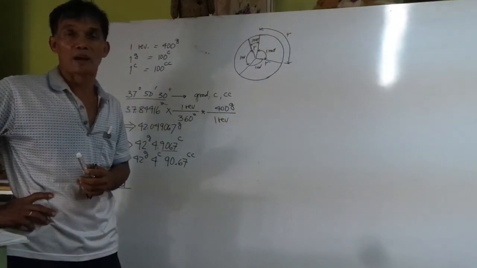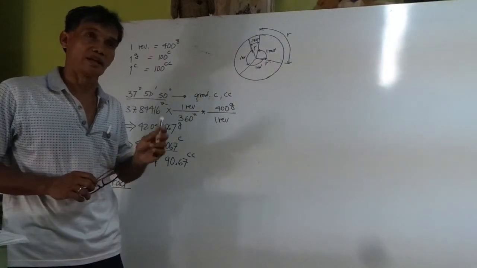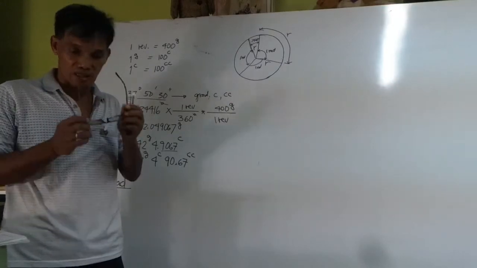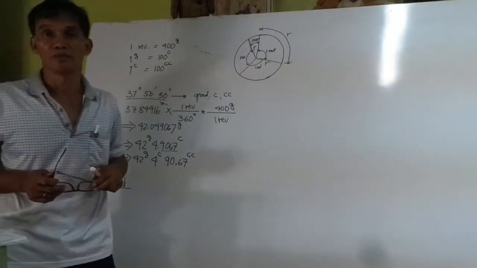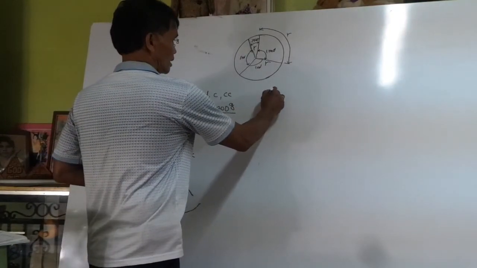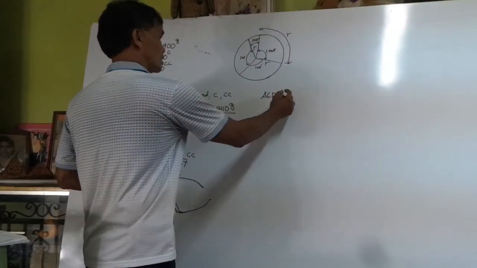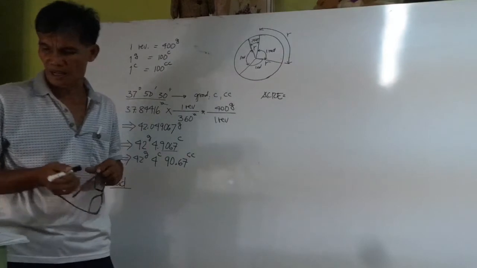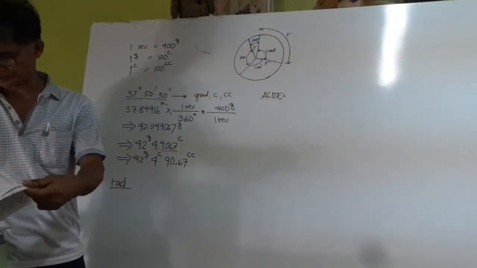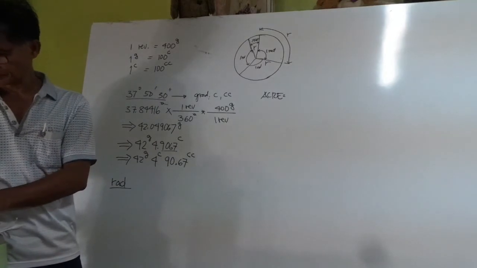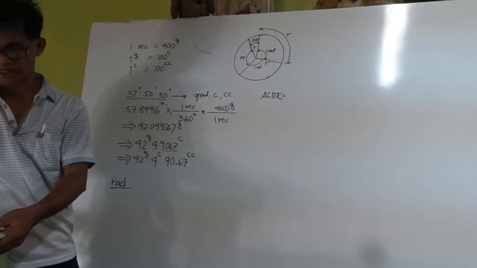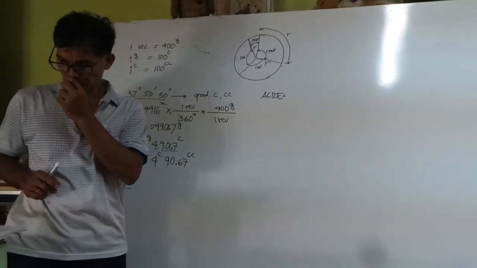In other countries like the US, which uses the English system, we have the acre, which is equivalent to around 43,560 square feet.